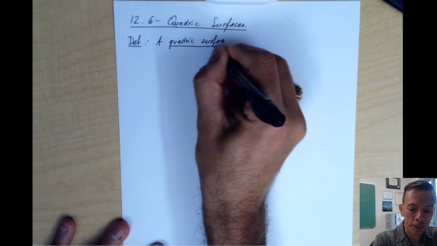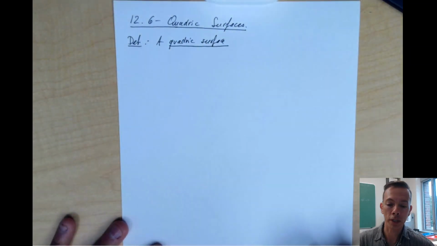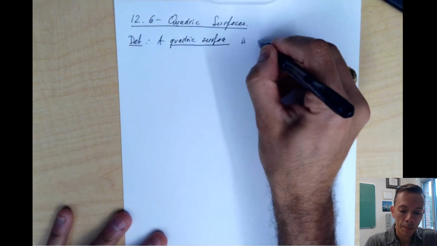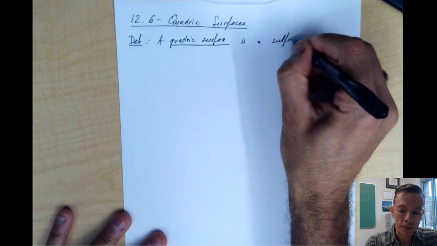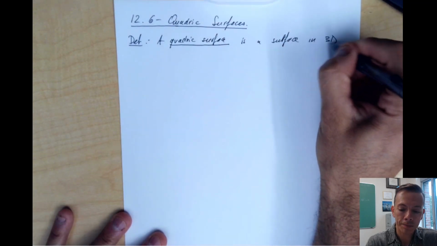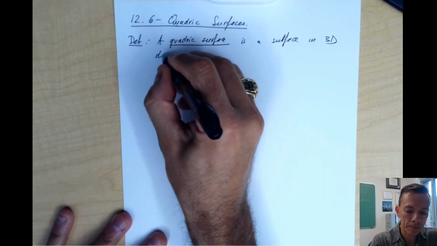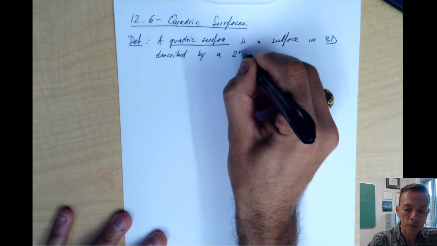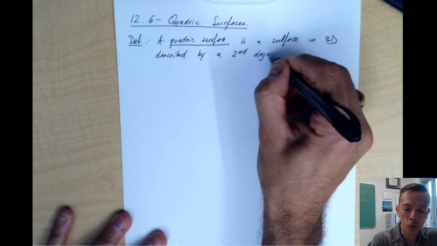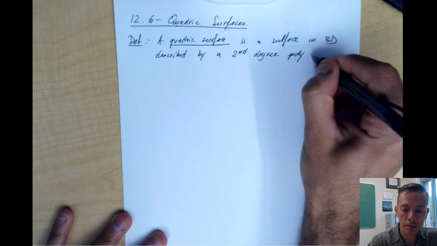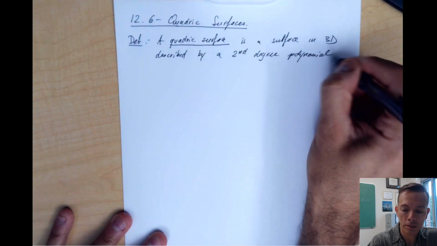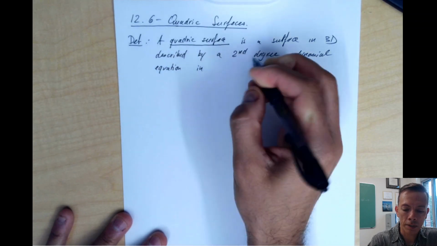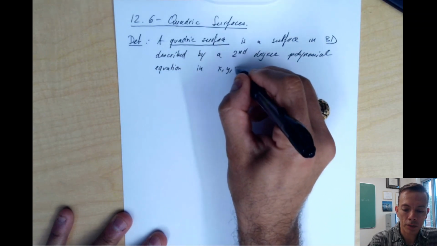The word is quadric, not to be confused with quadratic. So, a surface in 3D described by a second degree polynomial equation in 3 variables, x, y, z.